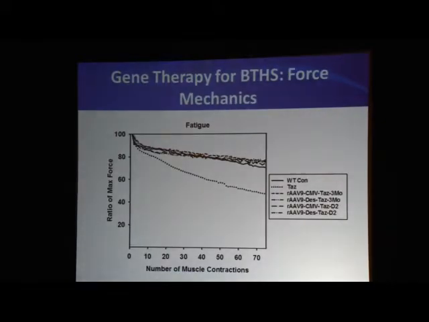And so this basically sums it up, whether they were treated as neonates or adults, whether they were treated with CMV or the Desmin constructs, all of them were indistinguishable from wild-type controls, whereas this line down here, the bottom line, is the TAS untreated animals. And so while TAS untreated animals are definitely more fatigable, we don't see that in any of the treatment groups.